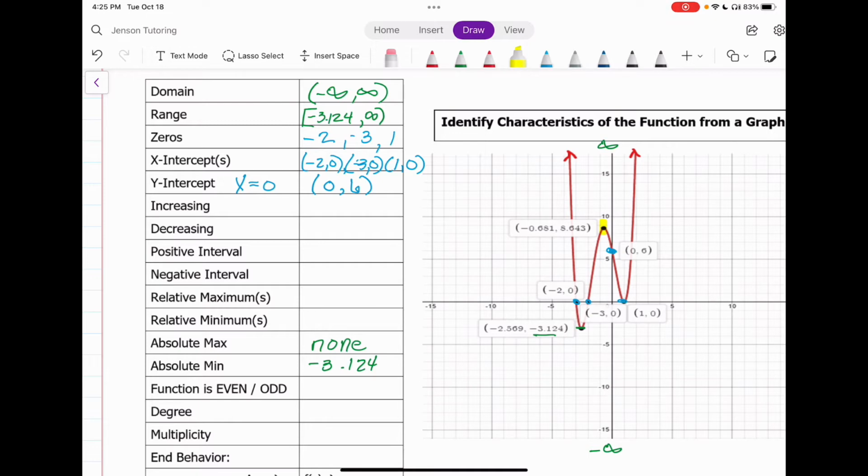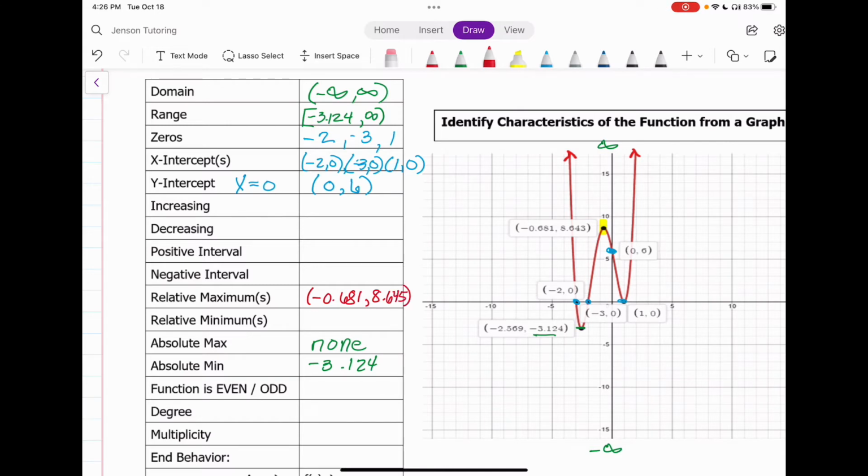So it reaches a high point of the graph and then turns back around. So for my relative maximum, I'm going to give the entire coordinate point here. So negative 0.681 and 8.645, I think it says.